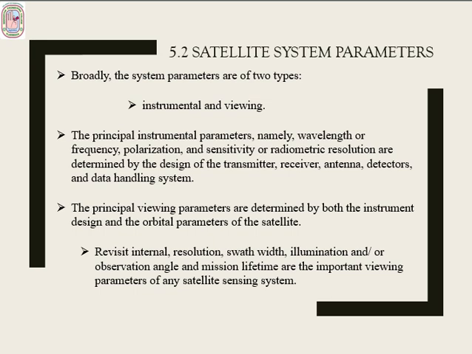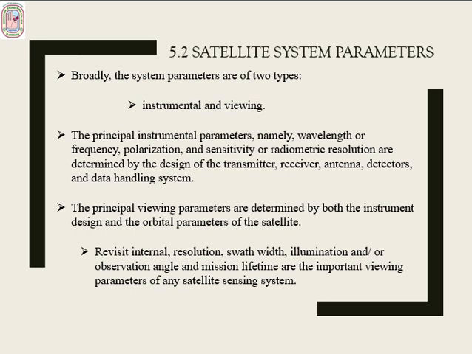So the satellite systems are categorized by two major sets of parameters. One is the instrumental parameters, another one is the viewing parameters. The principal instrumental parameters are namely wavelength, frequency, polarization, and sensitivity.